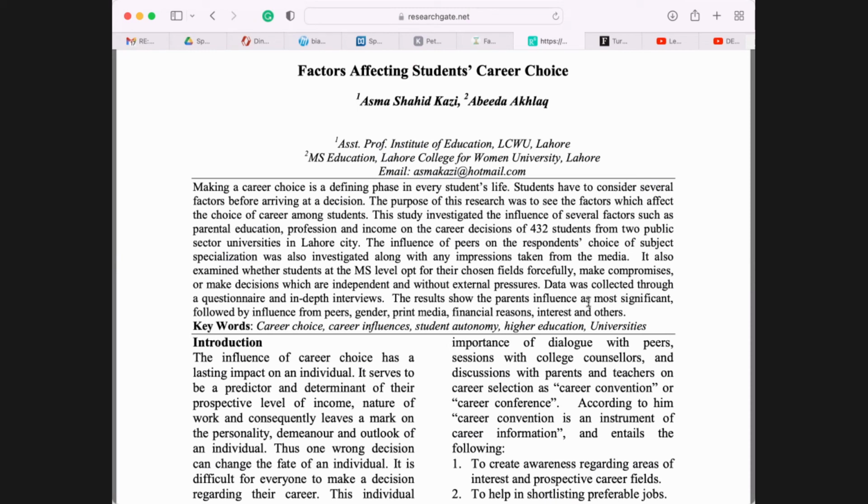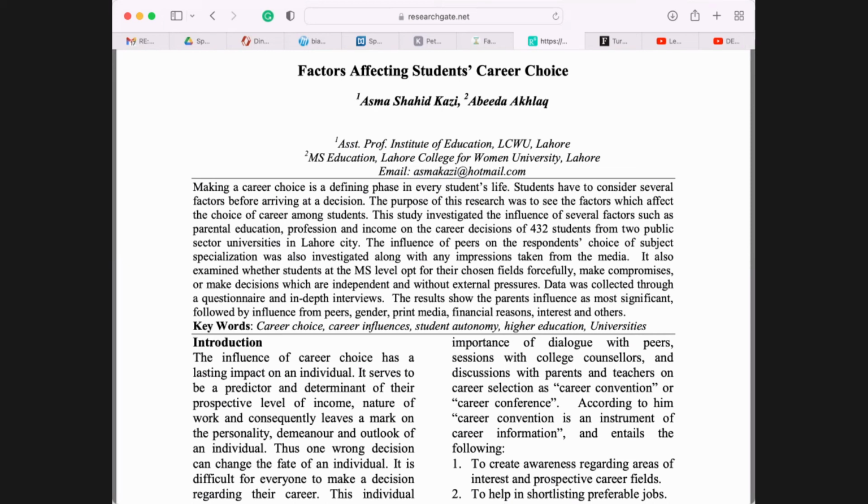So is this article useful for you or not? If you need to write an essay about career choice, will you take some materials from this article or not?